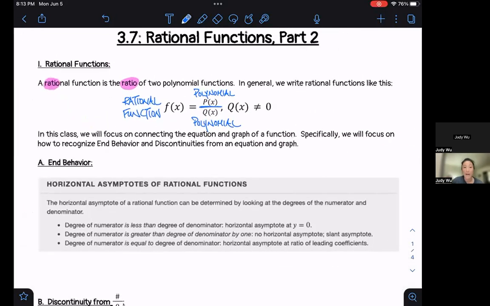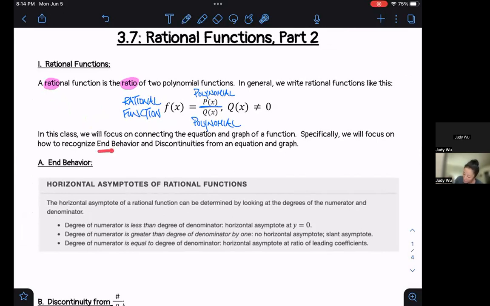Now, in this class, we're going to be talking mostly about the equation and the graph and how we can look at an equation and know what it's going to be on the graph, and also look at the graph and see how we get the equation. There's going to be two main things, but there's three different parts to them.